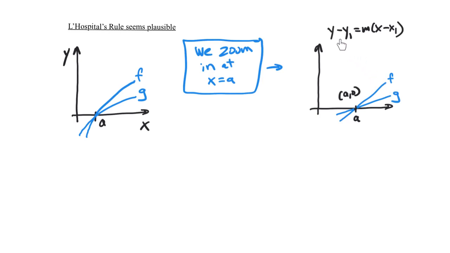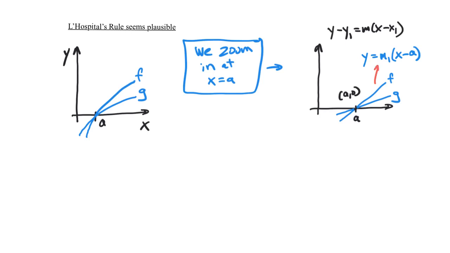Here y1 is 0, so for f we would get y equals the slope of line f, call it m1, times x minus x1, which would be a. Because this line f goes through the point (a, 0), we plug in a and 0, and we get this. So that's for f.